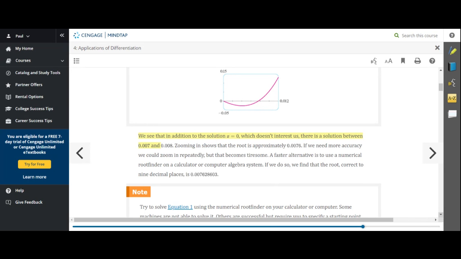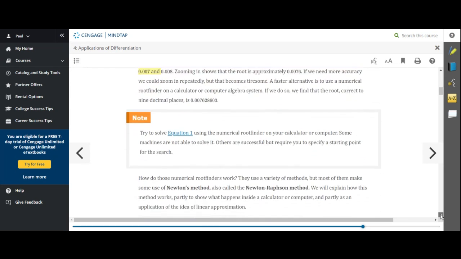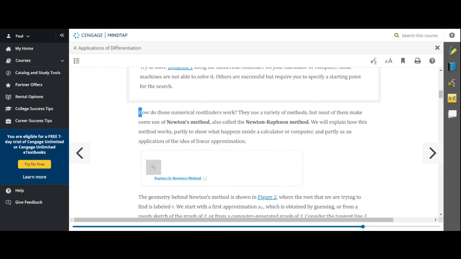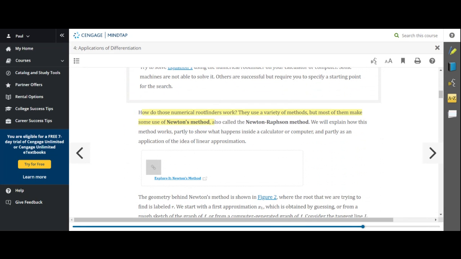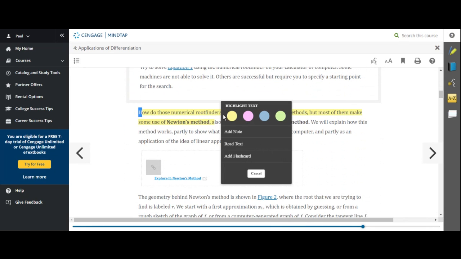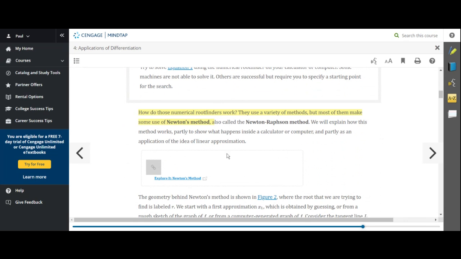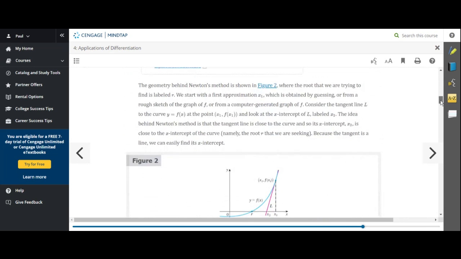You usually get decimals, and of course that's fine, but how does the calculator do that? They mention here, how do numerical root finders work? A numerical root finder, for example, is the zero feature on your TI-83/84 calculator. Well, there's a method called Newton's method, and let's talk about that a little bit.